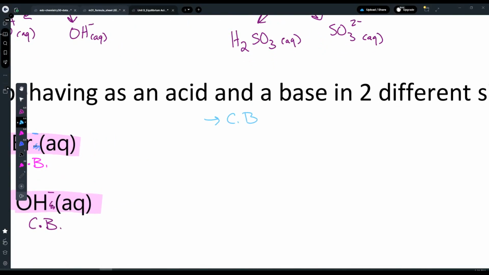The conjugate base is always going to have one less hydrogen than the acid it's paired with.